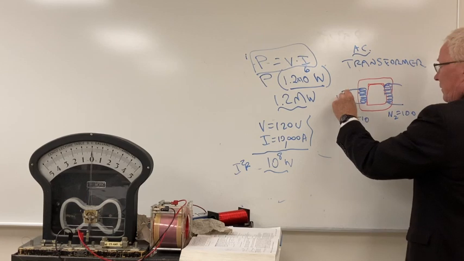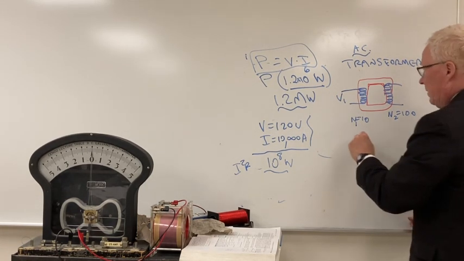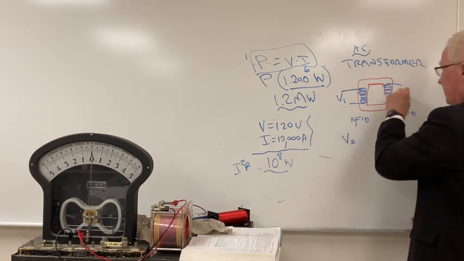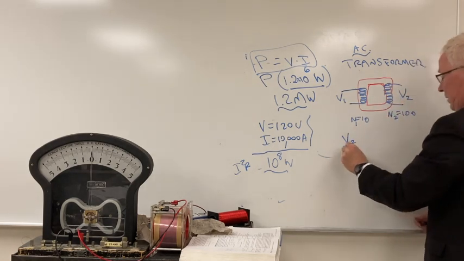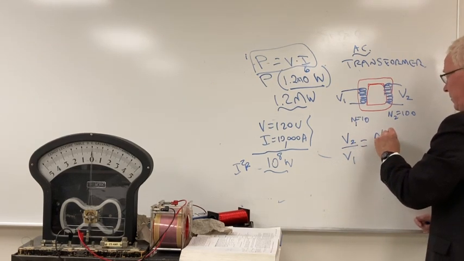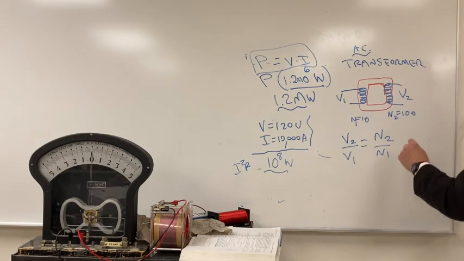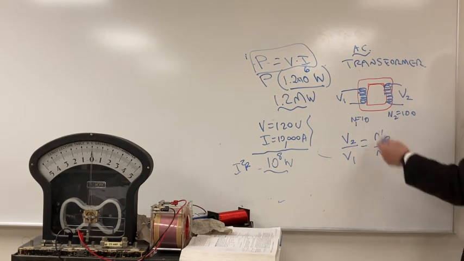Then, if this is some voltage V1 coming in, it turns out the ratio of the voltage coming out, V2, over the voltage coming in is N2 over N1. If N2 is greater than N1, it's what we call step up.